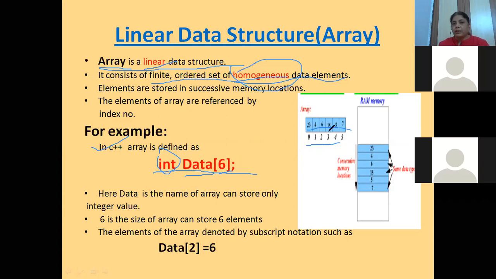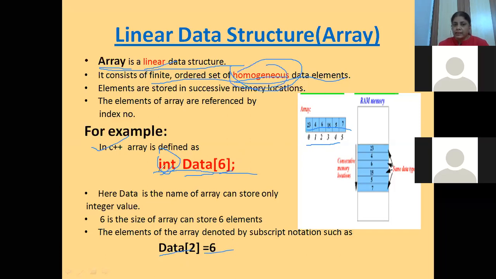Okay, so how many elements are there in this? 6 elements. So what is the name of the first element? Data of 0. What is the name of the second element? Data of 1. Data of 2. So what is the value at data of 2? It is 6. Understood? So array is basically used to store homogeneous data.